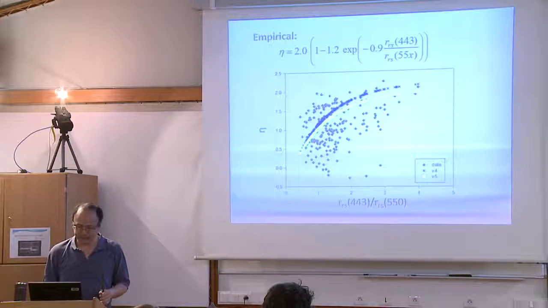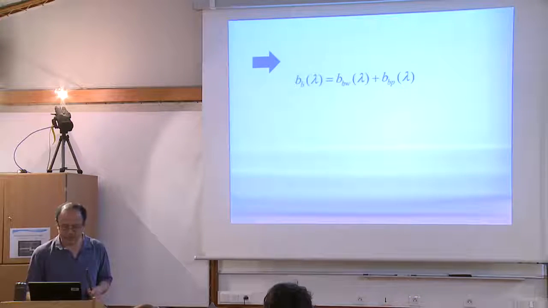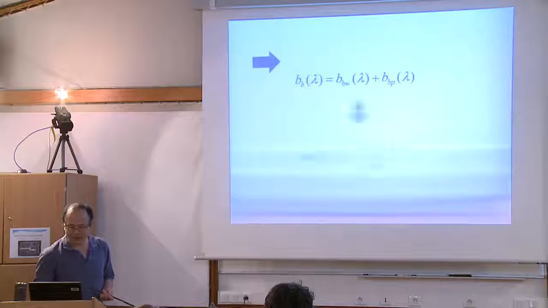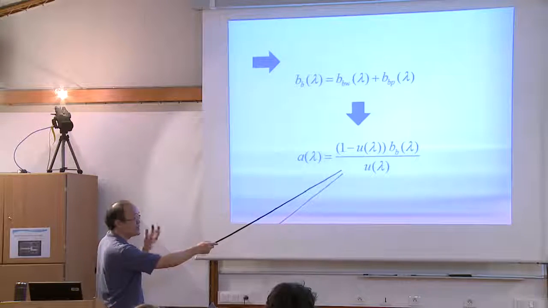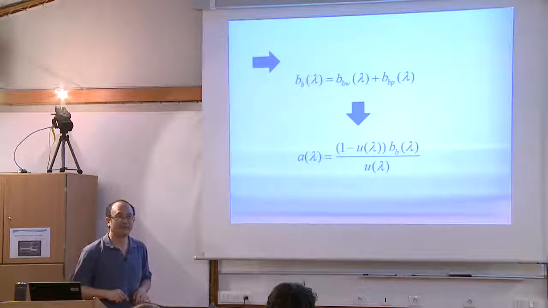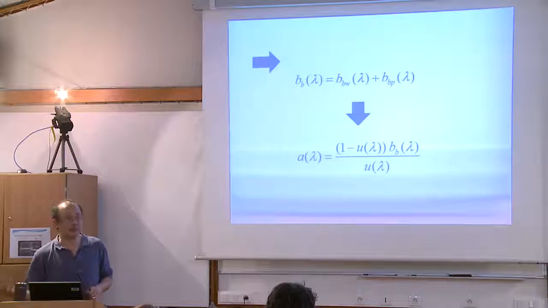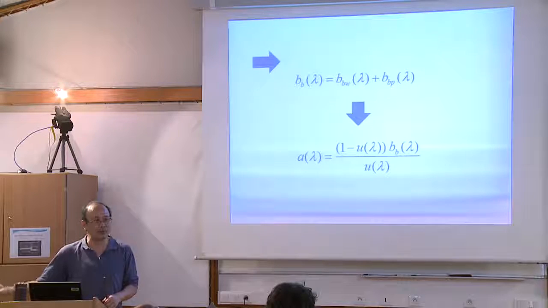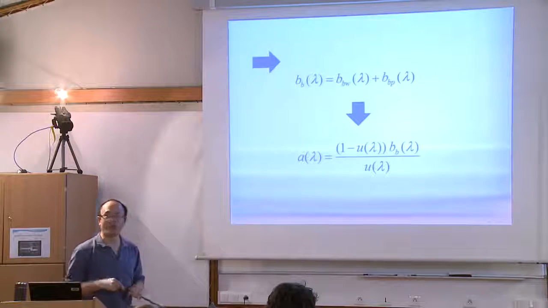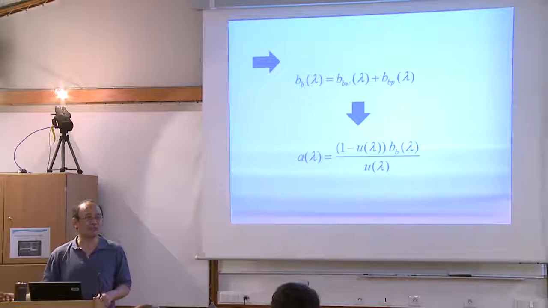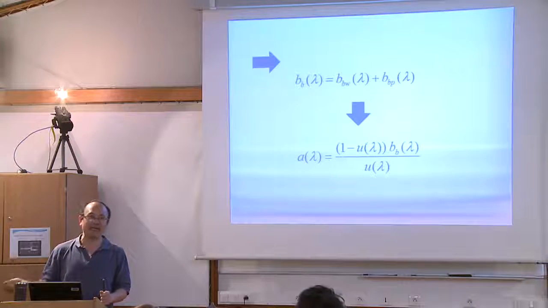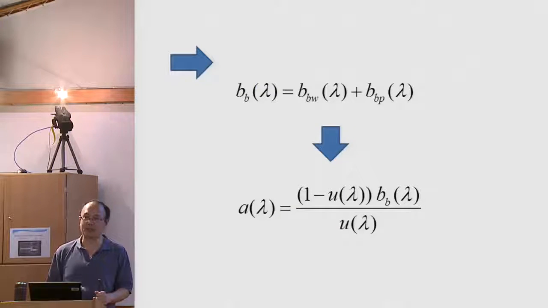This is empirical. So after we know BBP, then we get BB at that wavelength, put it into the U, which is BB over A plus BB. It's a simple math problem, you can solve for A from this U. U is derived from remote sensing reflectance, right? So at this stage, we solved A and BB from remote sensing reflectance without assuming any spectral shape of the components.